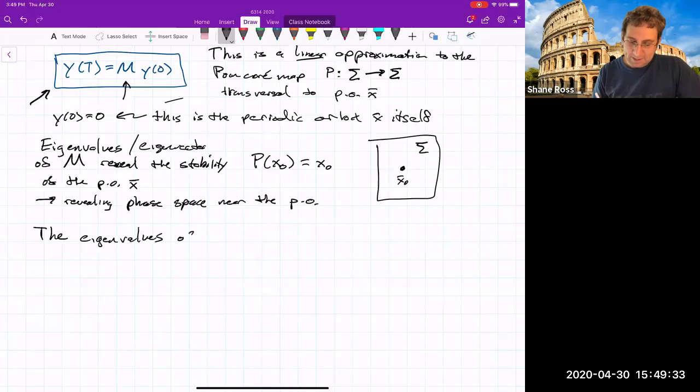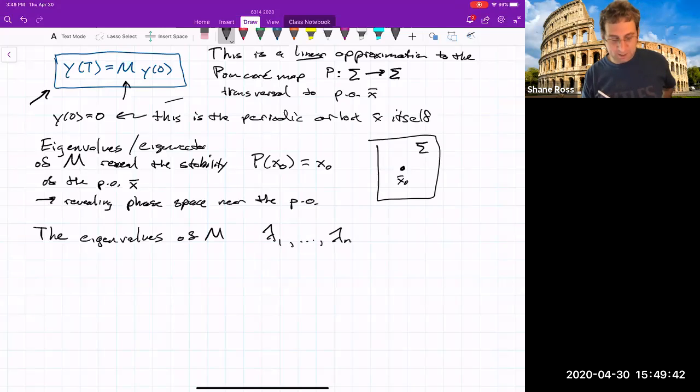So all of that was heating up in the 1800s. Anyway, the eigenvalues of M, I'll call them, because I'm not very creative, lambda 1 through lambda n. They are called the Floquet multipliers.